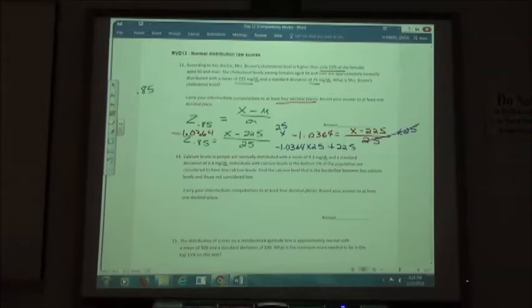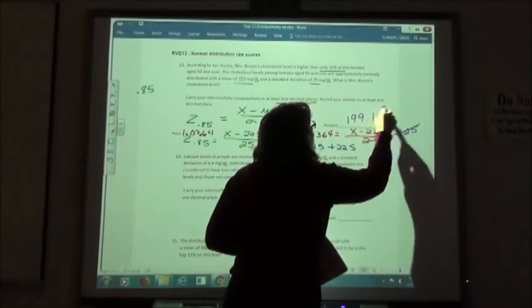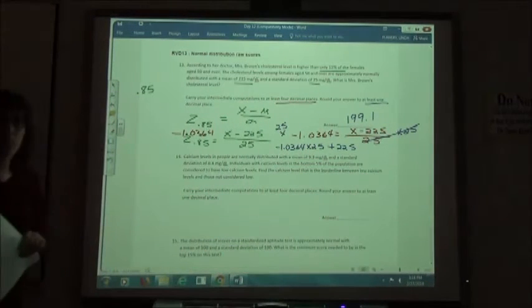That's times 25. So that's why we times this by 25 here. And then this we had to move over, so since it was a negative, we had to make it a positive. Okay. And you got what? 199.109. So 199.1 if I go to 1 decimal place. Okay?